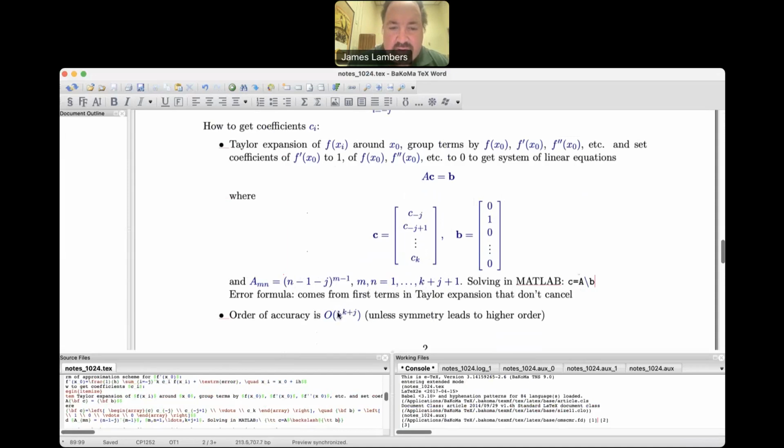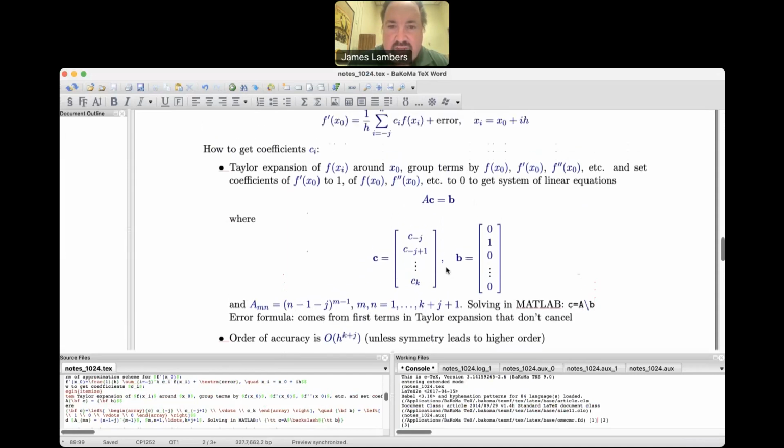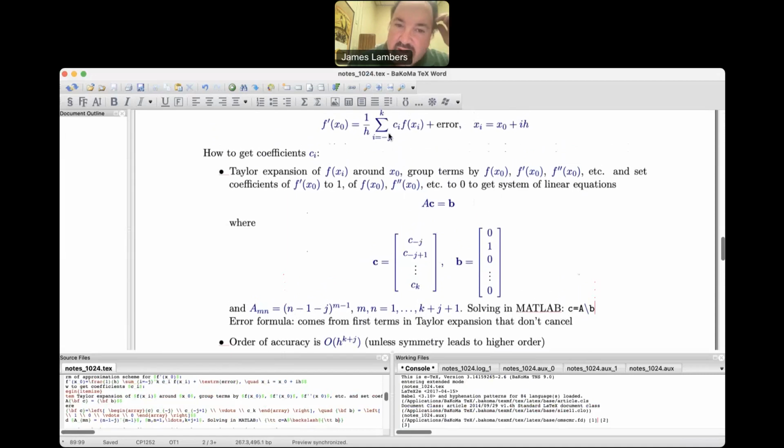So the error is big O of h to the k plus j, where k and j are the numbers from this summation that are based on how many points you're using to the left or right of x naught. It is possible sometimes you might get a higher order of accuracy because the symmetry of your points might lead to the error going to 0 faster. And I will be able to show you an example of that shortly.